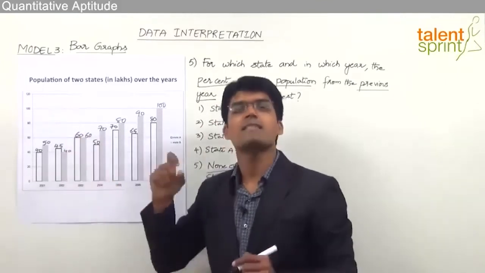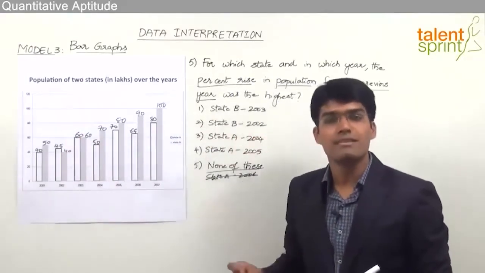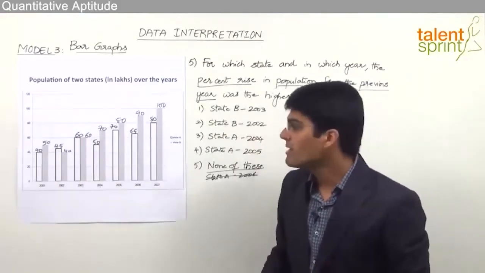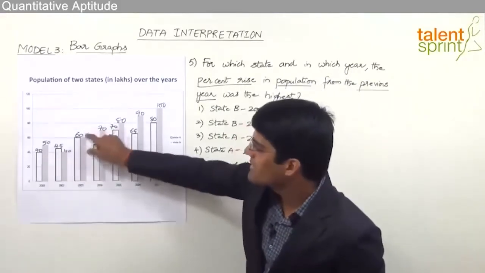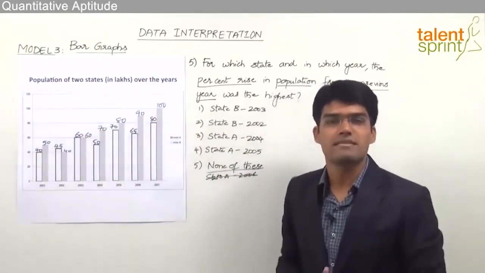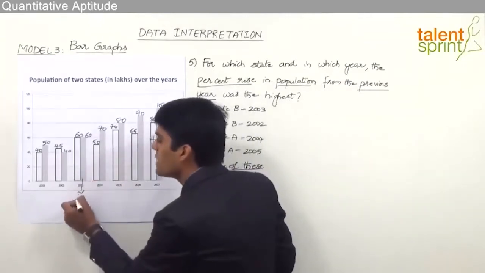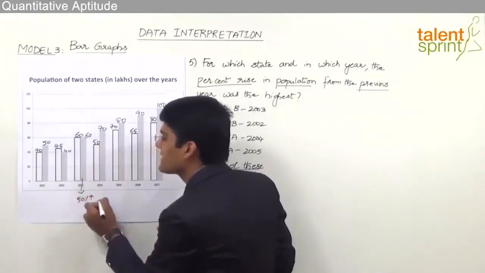So 20 by 40 is half. That means we can say that the increase for state B in 2003 is 50%. Why? Because this bar here has increased by half of its length. So half of its increase is nothing but a 50% increase. So we can say that state B in 2003 is showing a 50% increase.